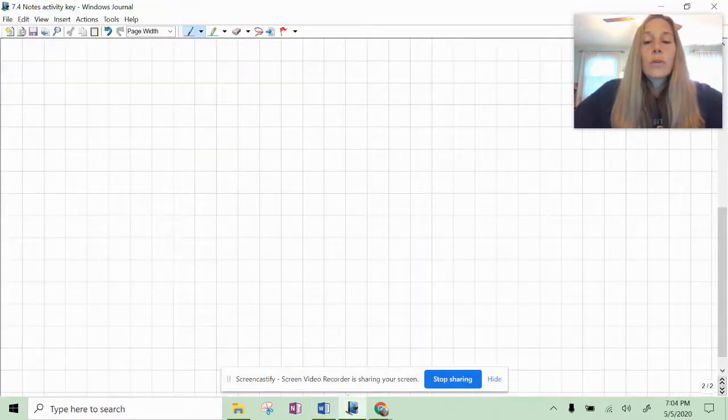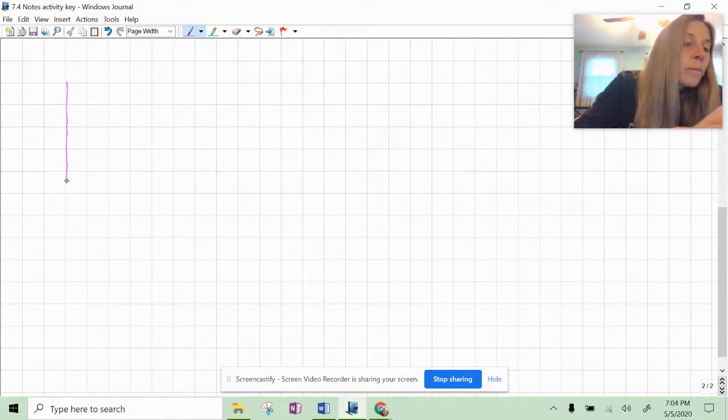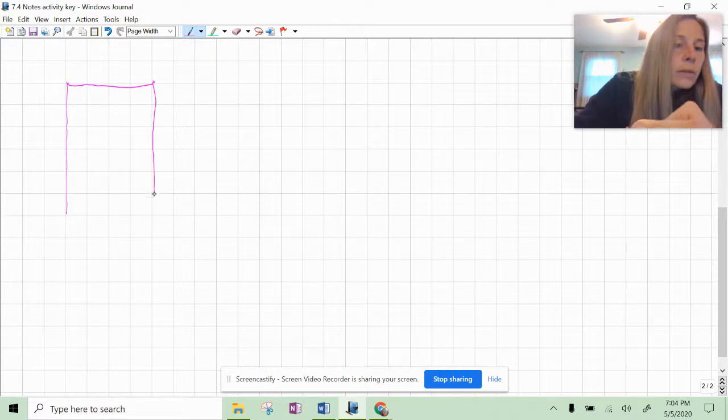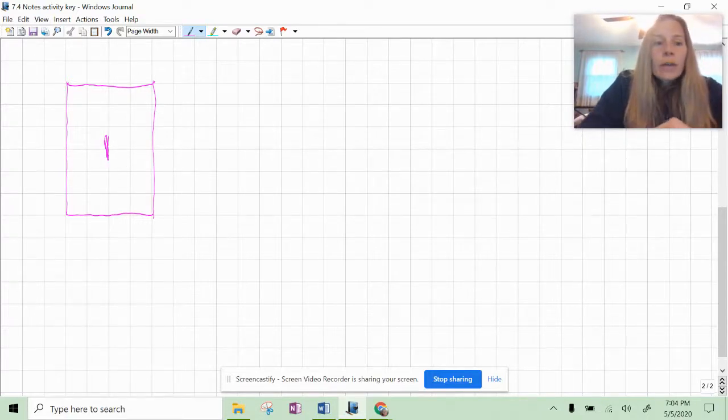To give you a better visual here, let's say I have a piece of paper, and sorry, my drawing is not the best. Okay, so this is my one piece of paper. So it's 1 square unit, whatever that is.